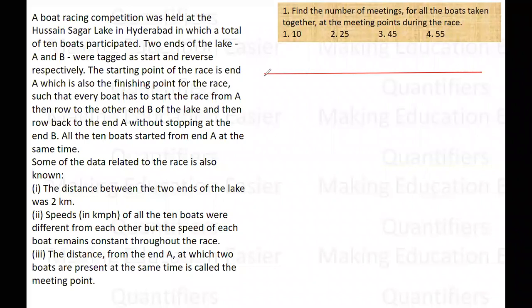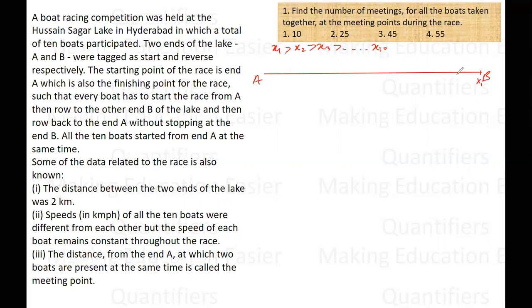So this is point A, this is point B. Obviously the fastest boat will reach B first and it will come back. Let's say the fastest boat is X1, then X2 second fastest, X3 third fastest, and so on up to X10. When X1 reaches point B, obviously X2, X3 are all behind it, as they have different speeds.